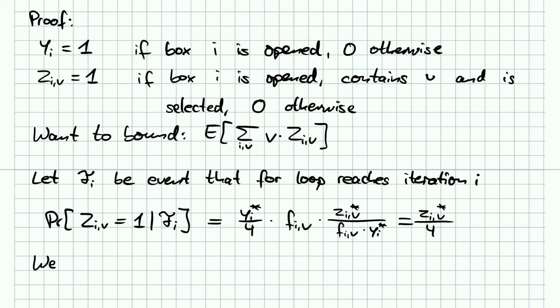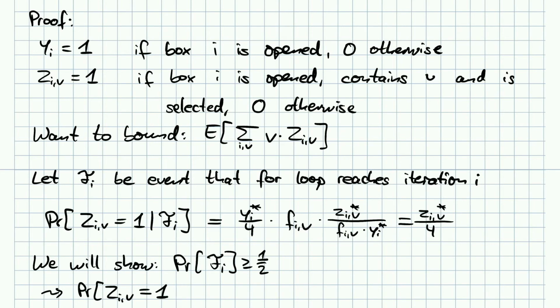So we will then show that the probability that F_i takes place is at least a half. And this then tells us that the probability that Z_{i,v} is equal to 1 is actually at least a half times small z_{i,v} star divided by 4. So this will be z_{i,v} star over 8.